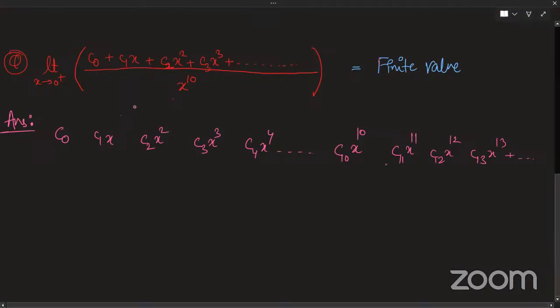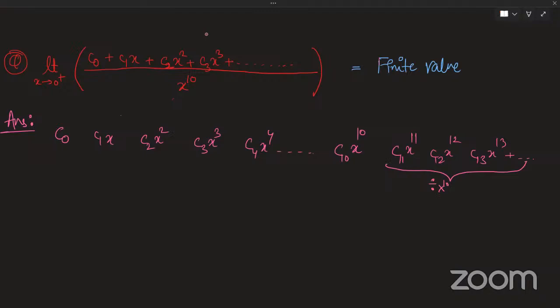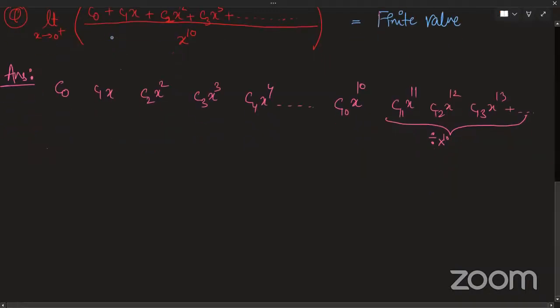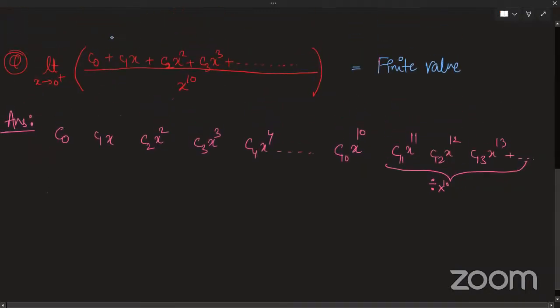So what will happen if all of these terms are being divided by x raised to 10? Vignesh, can you tell me? Bhavna, can you tell me? What will be the value of the limit if all of these are divided by x raised to 10 and I add them and take the limit x tends to 0?